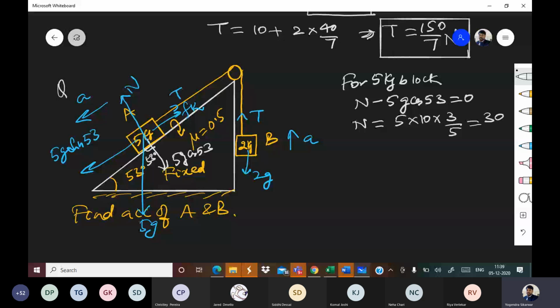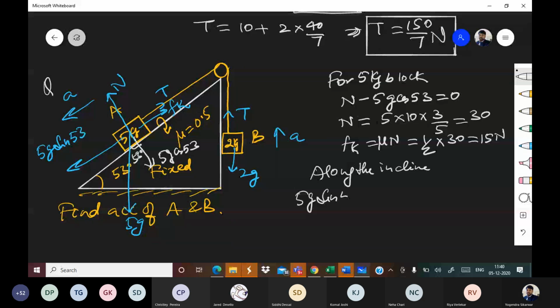So if N is 30, Fk will be mu N, and that will be half into 30 is equal to 15 Newton. Now pay attention. Along the incline, 5G sine 53 is acting downward, minus T, which is acting upward, minus Fk, which is also acting upward, should be equal to 5 into A. Equation number 1.